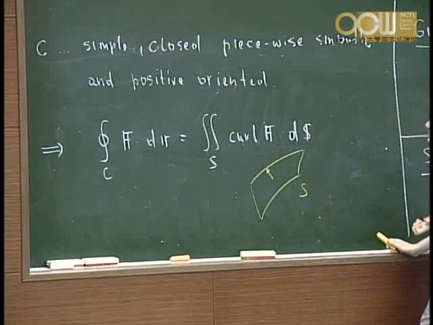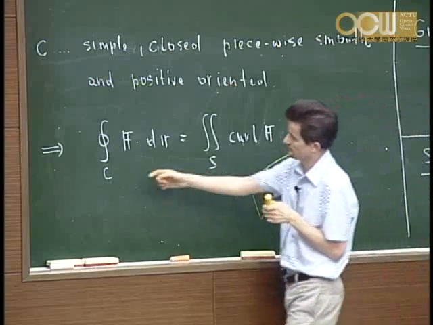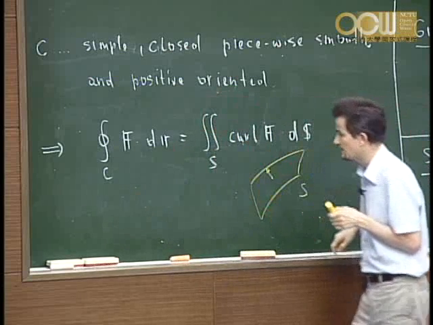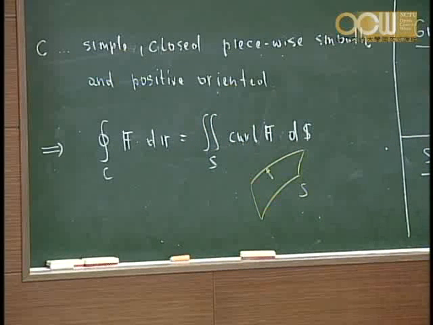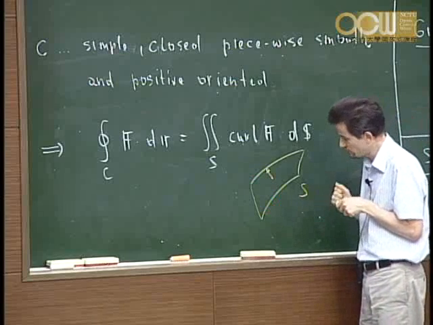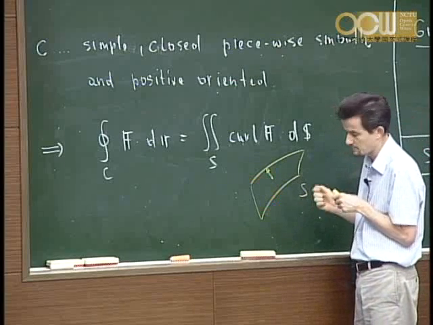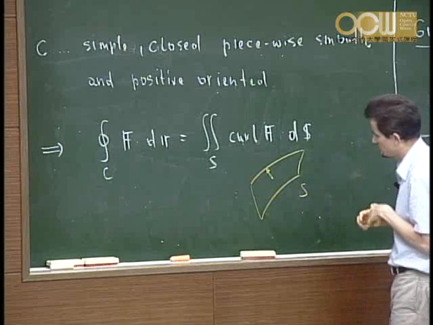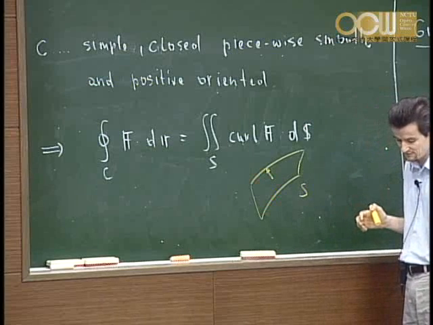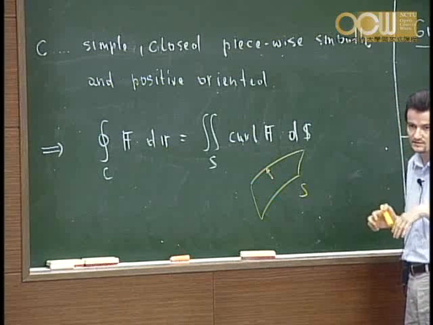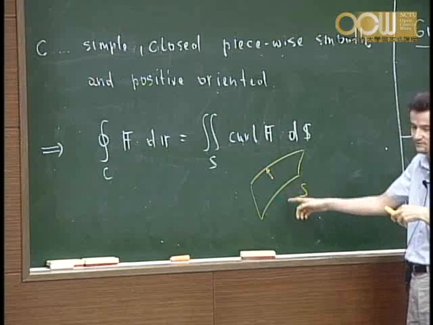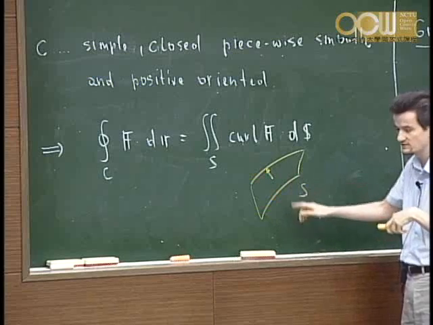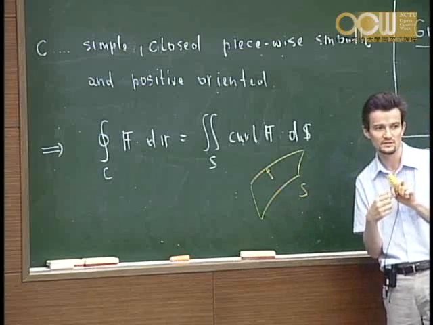Now, how do I choose the orientation? Because for the line integral, I need the orientation. So I choose the orientation such that if I walk along the boundary and stretch out my left hand, then my left hand is pointing inside the region. But of course, I have two ways I can walk. I can walk like this, or I can walk the other way around.